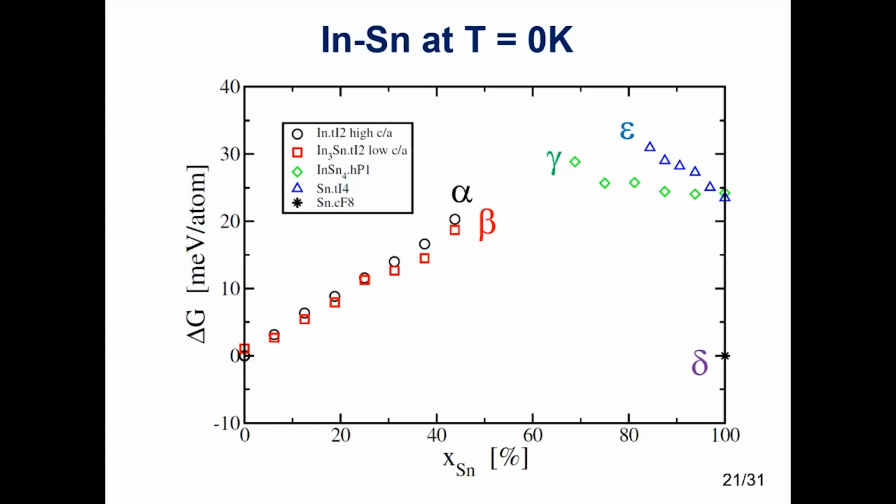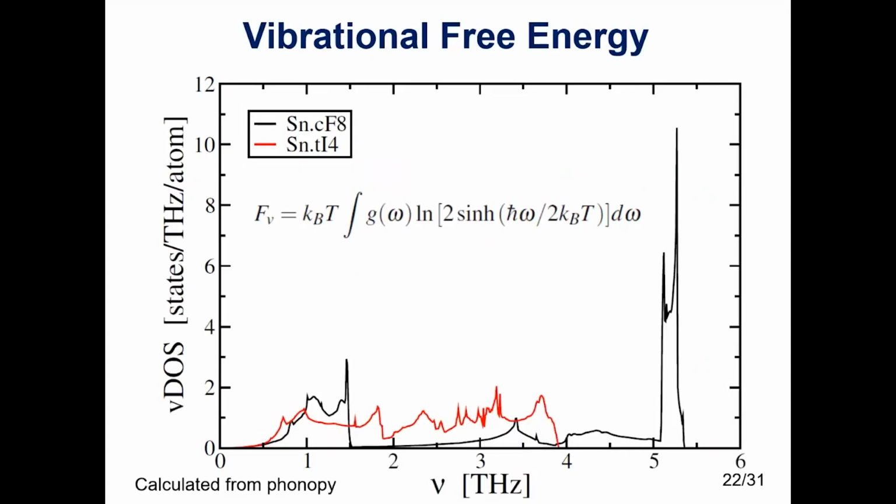It cannot be random substitution because we're talking about pure tin. So the next thing to think about then is vibrational free energy. And I remind you how to calculate vibrational free energy. For vibrational free energy, we need to know the vibrational density of states, g of omega.